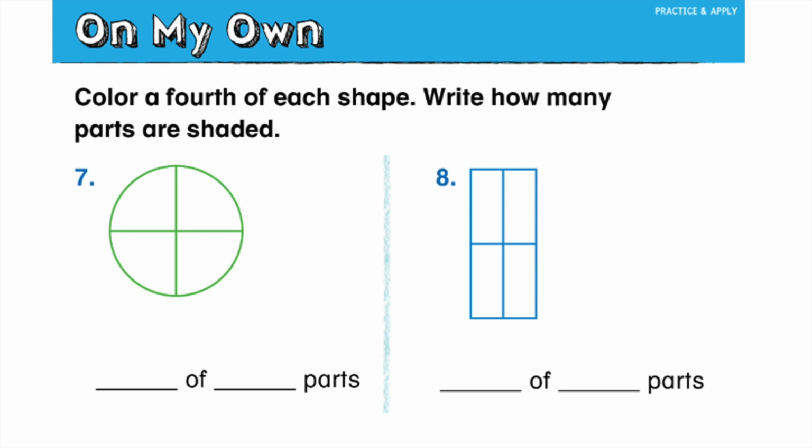Now we're going to color a fourth of each shape. Write how many parts are shaded. So it's asking us to color how many? A fourth. A fourth would be just one little piece because this is 1/4, 2/4, 3/4, 4/4.